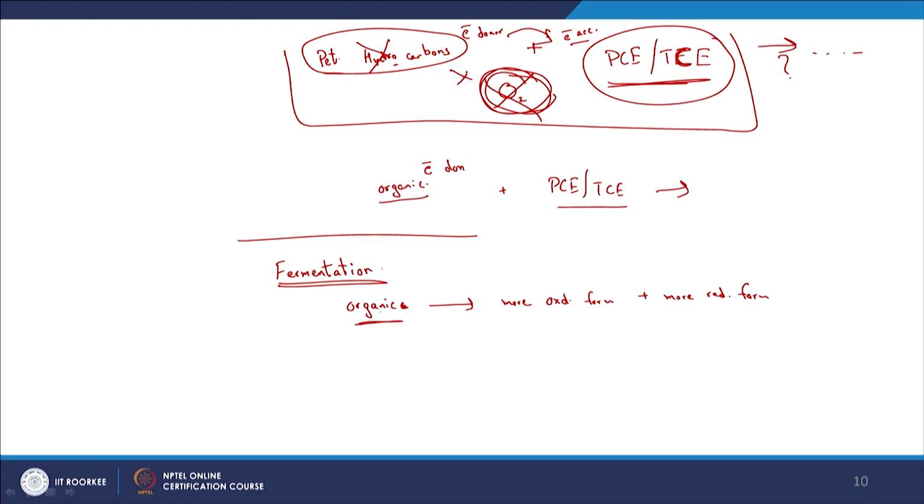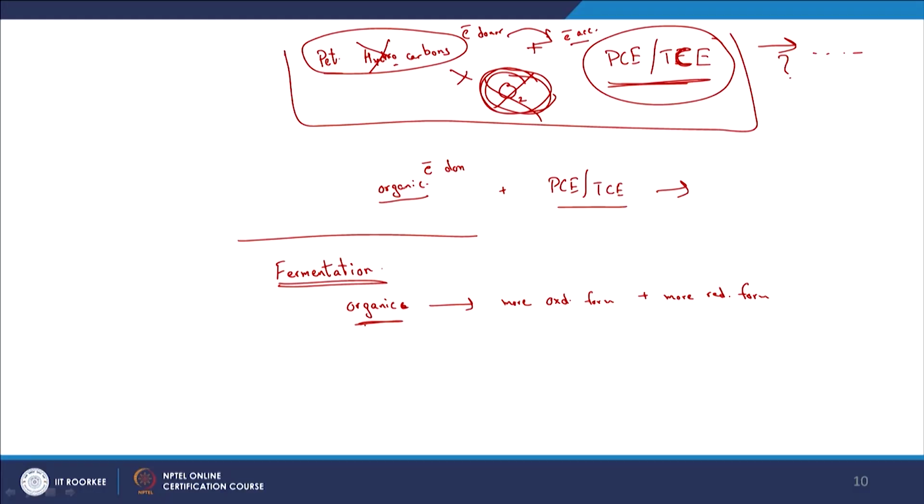So, here your electron acceptor and donor are not two distinct compounds. Here we are looking at one organic compound transforming into two parts, one of which would be more oxidized and the other one would be the more reduced form.